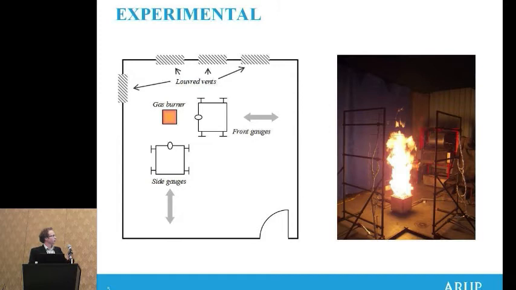The burner, as I mentioned before, used propane gas, and the reason I used a gas burner as opposed to furniture items or other fuel sources was essentially just to have a reasonably constant and repeatable fire source on which I could compare all my measurements. I used 3 different burners of different geometries, which was to represent different furniture items.